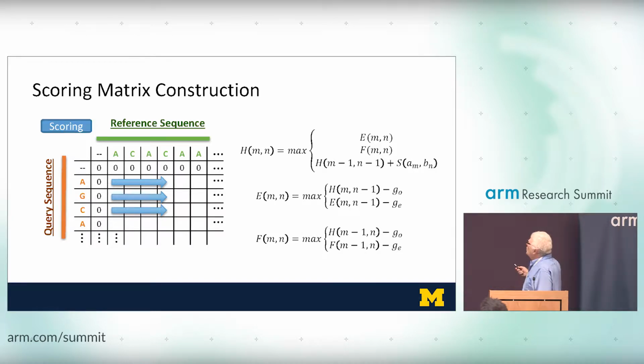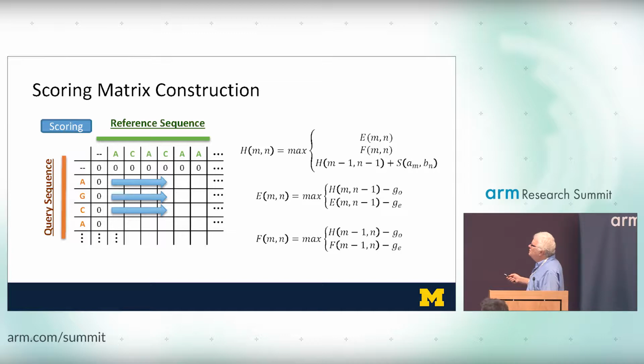So the scoring method is a set of interrelated or dependent functions, and H is the final number that goes into the square.